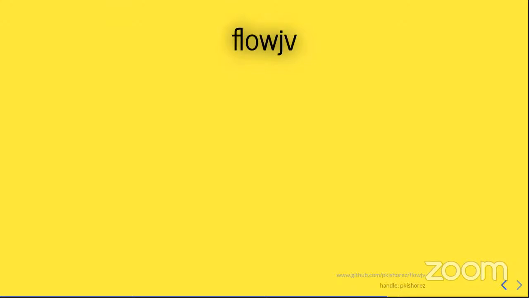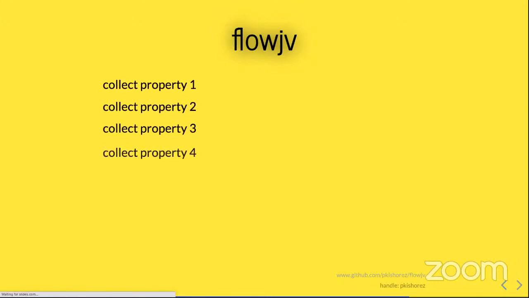In FlowJV also, just like we have a set of instructions and then conditionals in a programming language, we write instructions saying, all right, collect property 1 of an object, and then property 2, and then 3. Just like we execute instructions in a programming language, in FlowJV we give instructions asking the library to collect information one after the other.